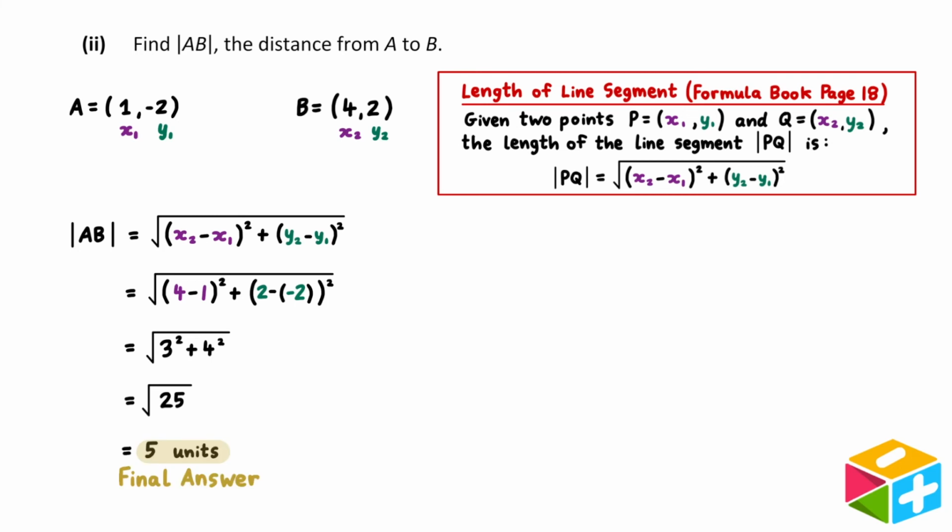Our final answer here is that the length of the line segment AB is 5 units.